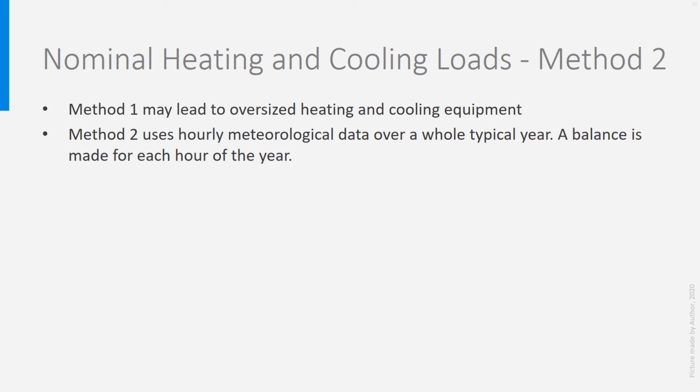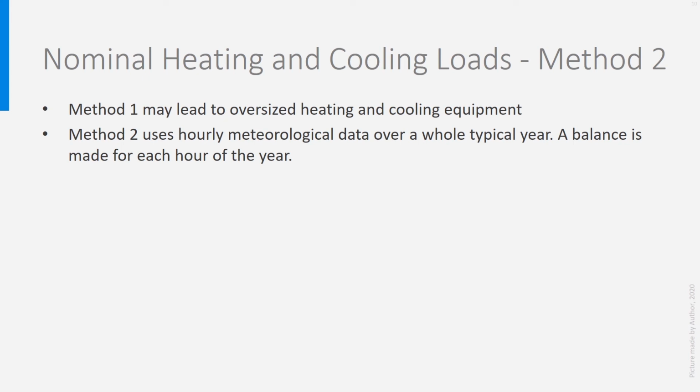As it comes to the nominal cooling load, the oversizing will be large for two reasons. First, the highest outdoor temperature does not necessarily occur at the same time as the maximum solar radiation. And second, you may remember that when describing solar heat gains for the energy balance, we neglected the time delays resulting from heat absorption in the construction mass.